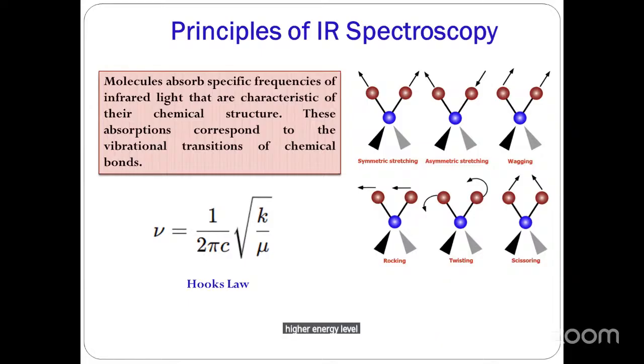All these transitions are governed by Hooke's law, which is nu equals 1 upon 2 pi c multiplied by the square root of k upon mu. So I would like to ask the research scholars about the various terms involved in Hooke's law so that we can proceed further. Can you tell me what k and mu are in Hooke's law?